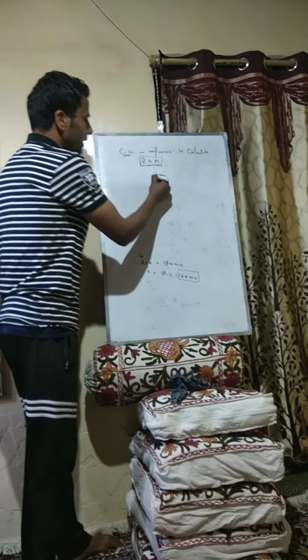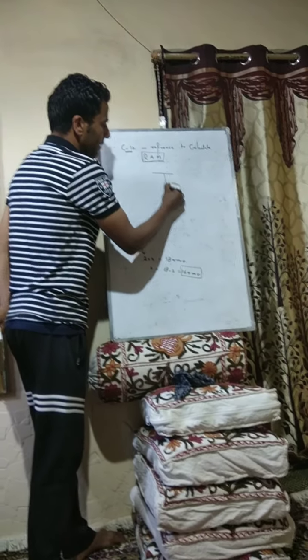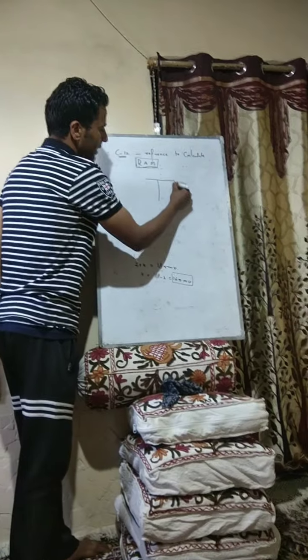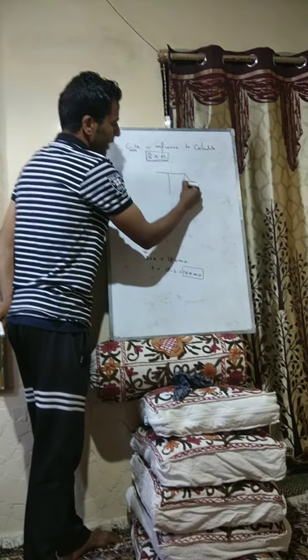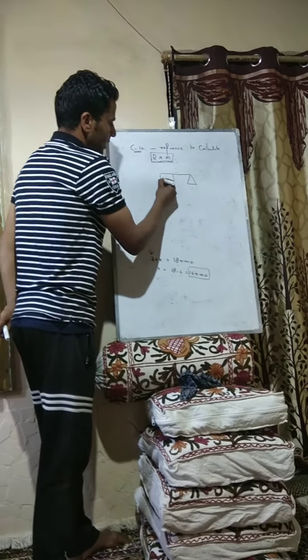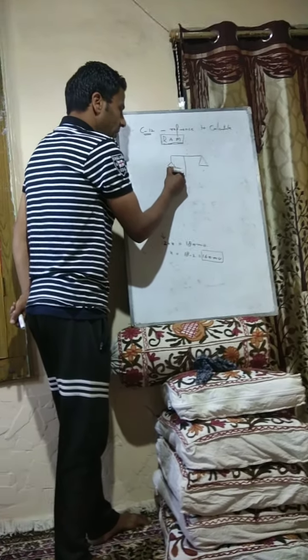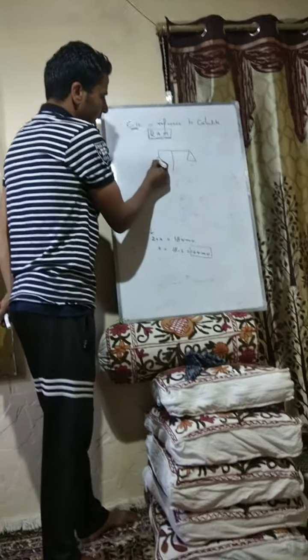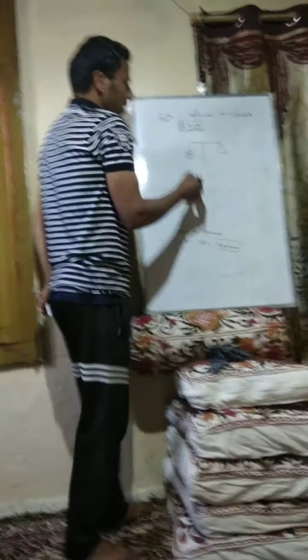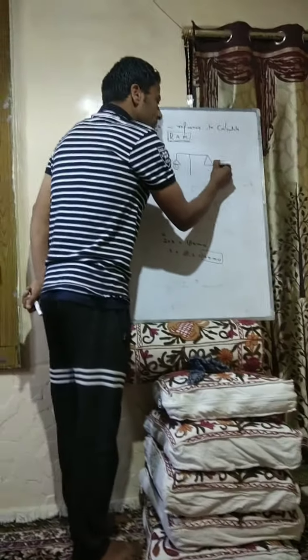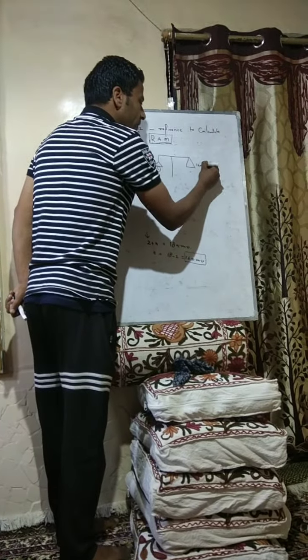Now if we take hydrogen and carbon, for example, if we have a balance, this contains the hydrogen and this is the carbon. We found that one atom of carbon equals 12 atoms of hydrogen.